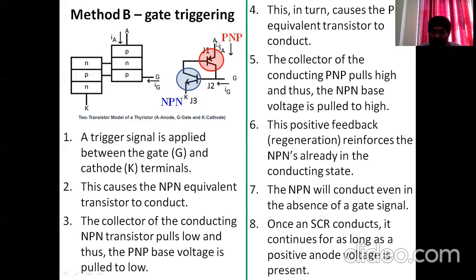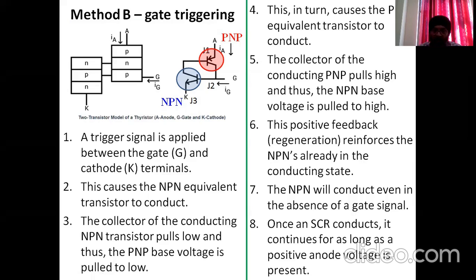This positive terminal of the PNP is already there. The negative terminal of this common emitter is already there. So the current in this loop will continue to flow no matter if the gate signal is removed. This current will flow as long as this anode and cathode are forward biased. So in this case, there is no avalanche breakdown.